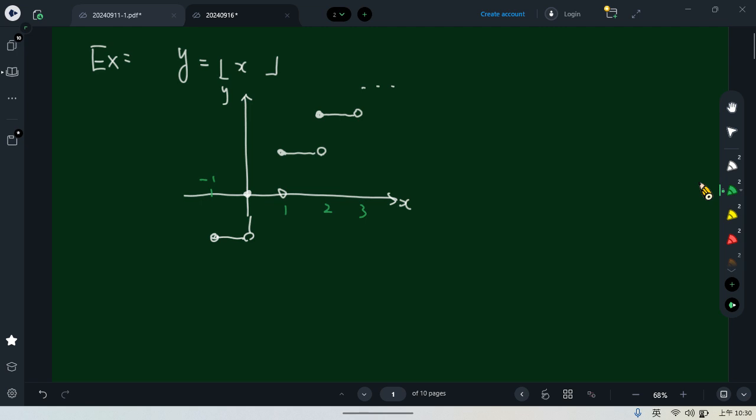So can you tell me, when x is an integer, maybe we just focus on this point. If we just focus on this point, can you tell me is it right continuous or left continuous? Left or right?